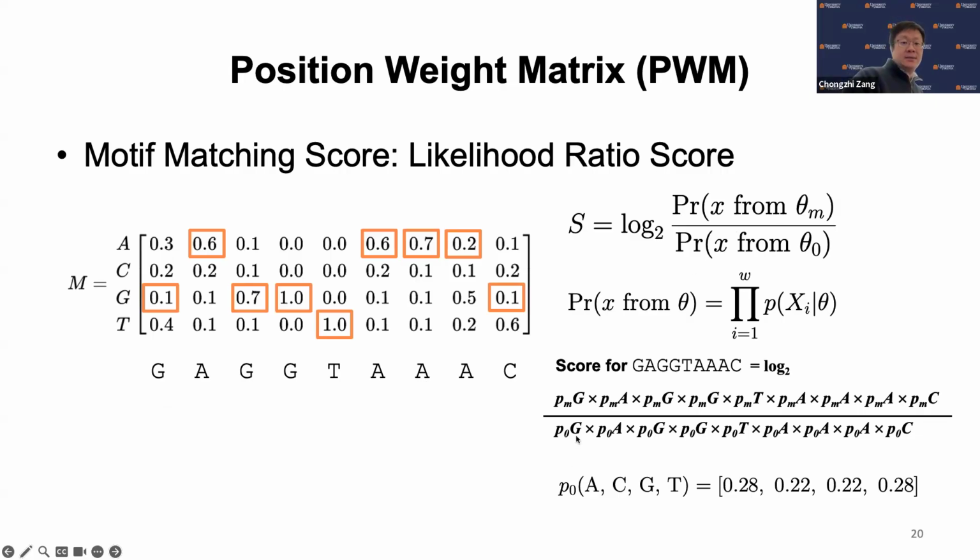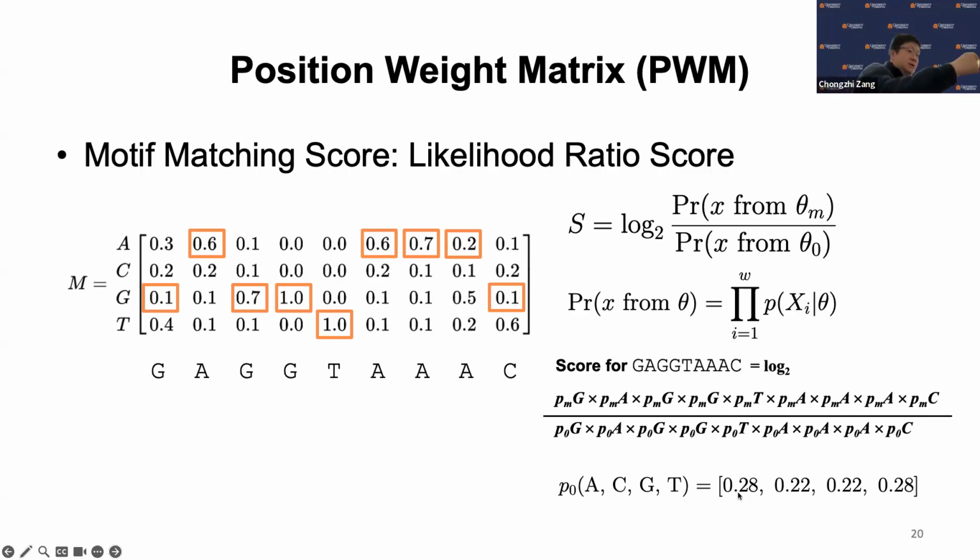We simply calculate the probability of each nucleotide in the background. So that's P0. P0 for G is 0.22. P0 for A is 0.28. So that's the denominator, the background.